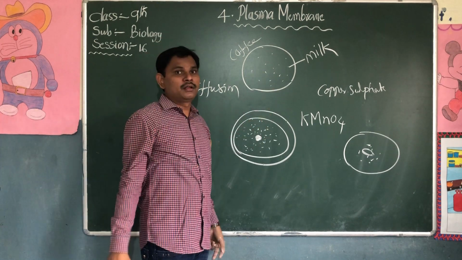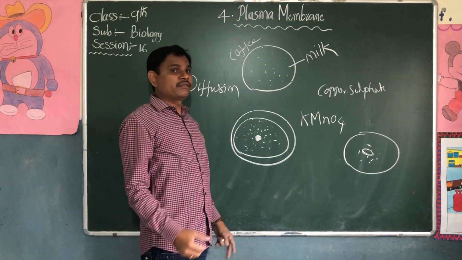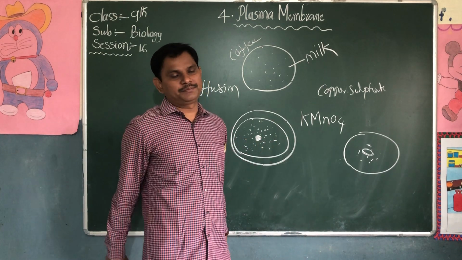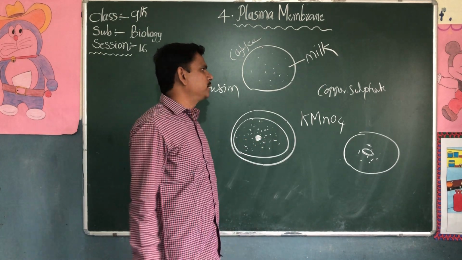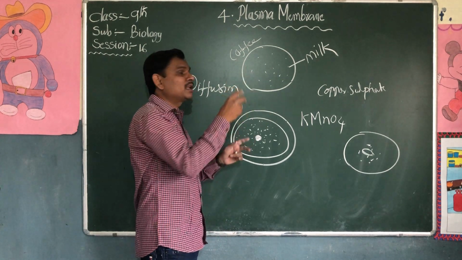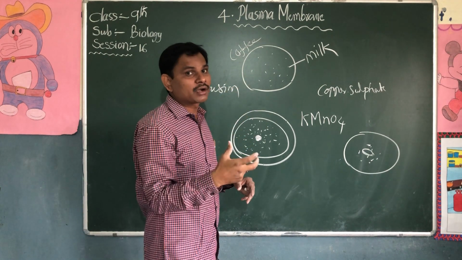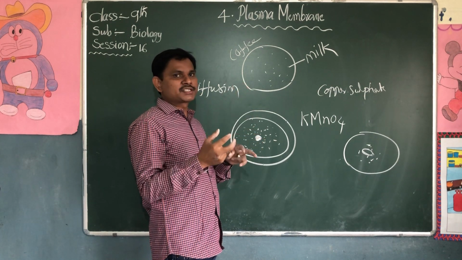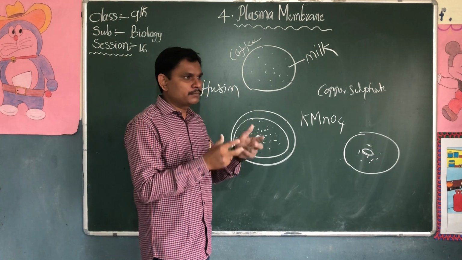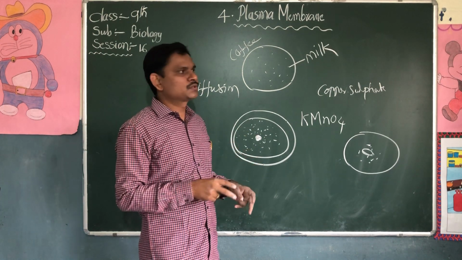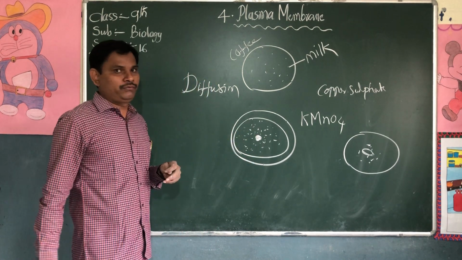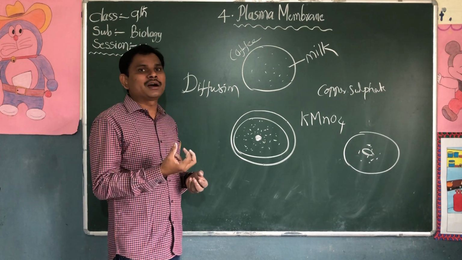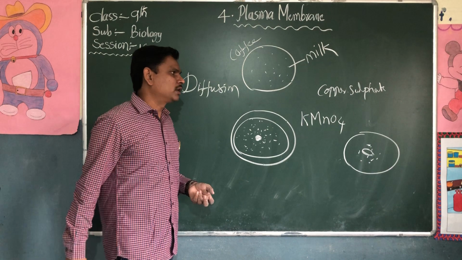What happens? Does this coffee powder still remain in the center, or will it spread? After a few minutes, the white milk will be converted into a colored one. The coffee powder crystals spread through the entire milk. So this is about diffusion, how the molecules move from high concentration to the low concentration.